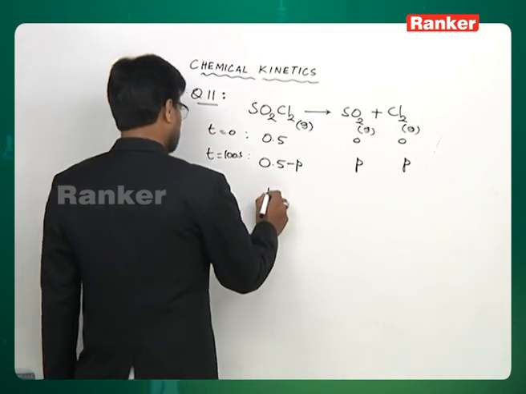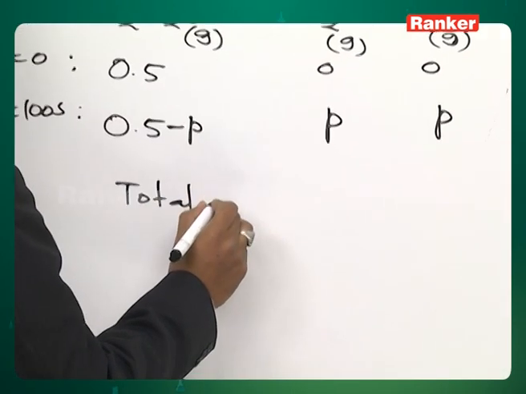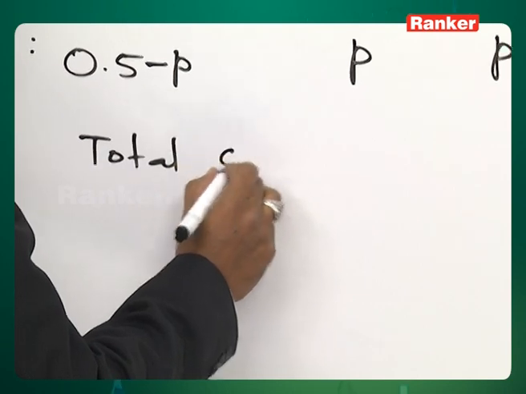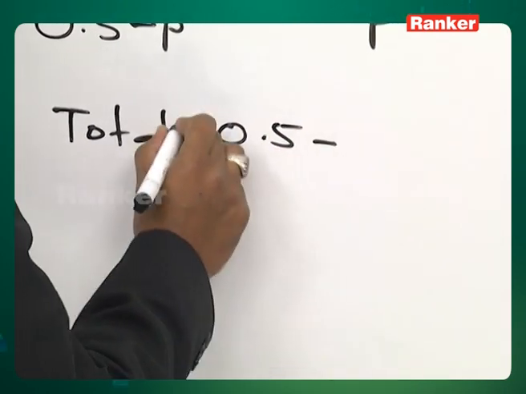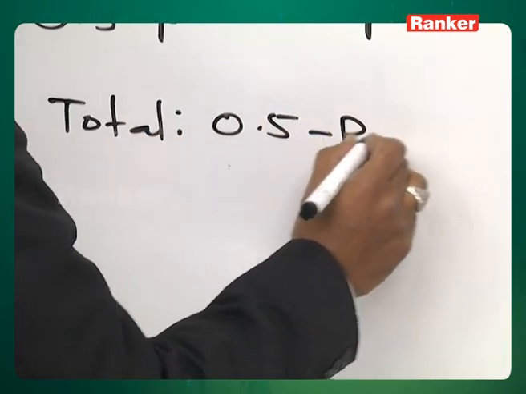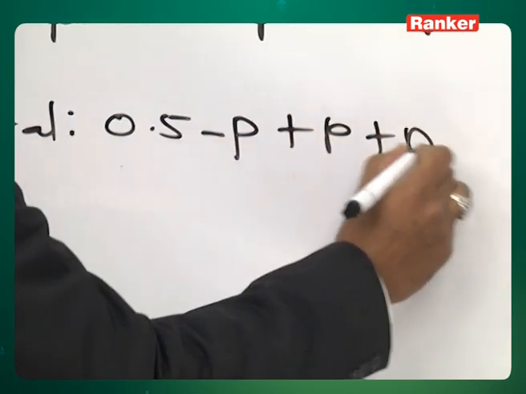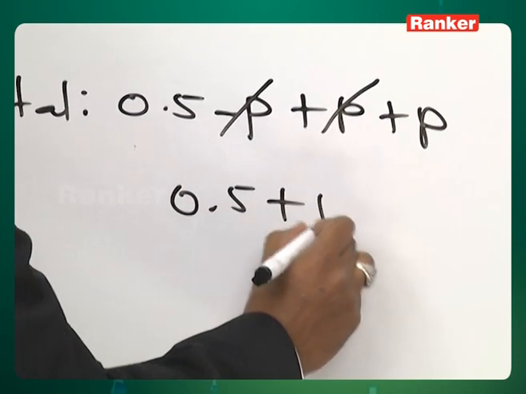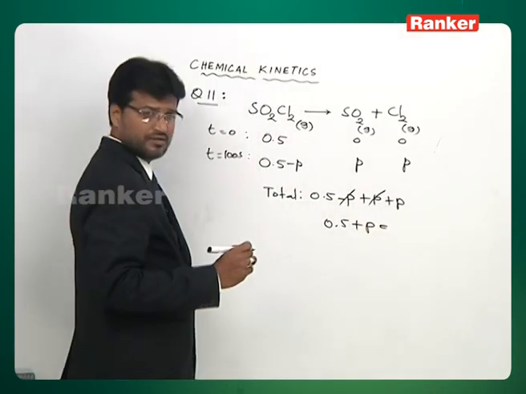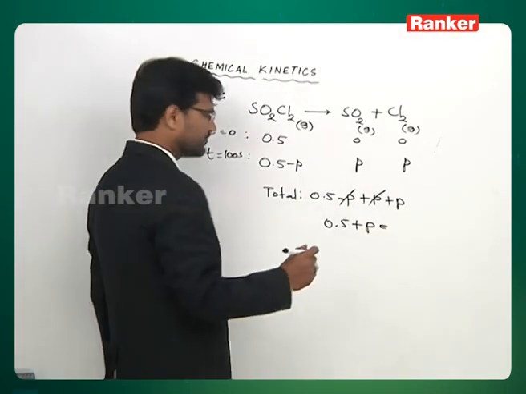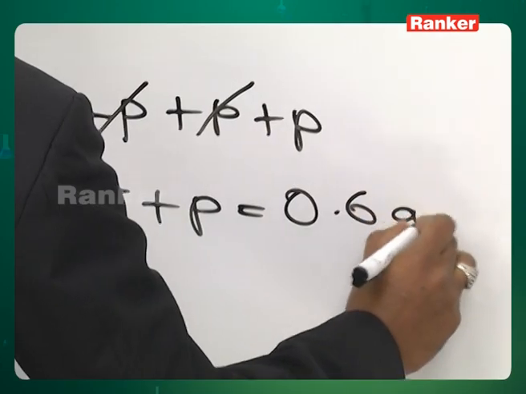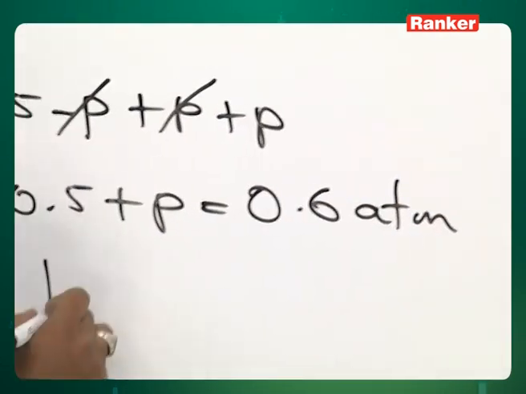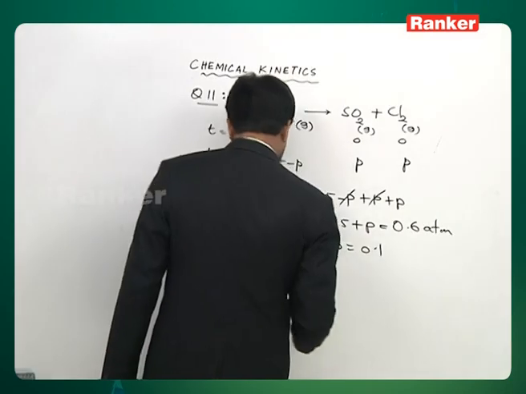So, total is 0.5 minus P plus P plus P. So this gets cancelled. 0.5 plus P is equal to what is given is 0.6 atmospheres. So P equals to 0.1 atmospheres.